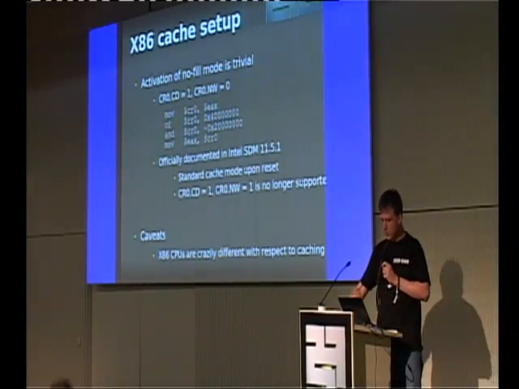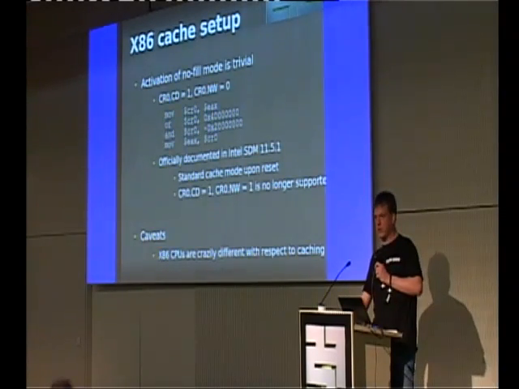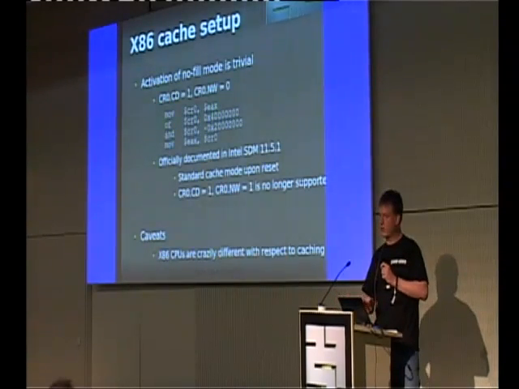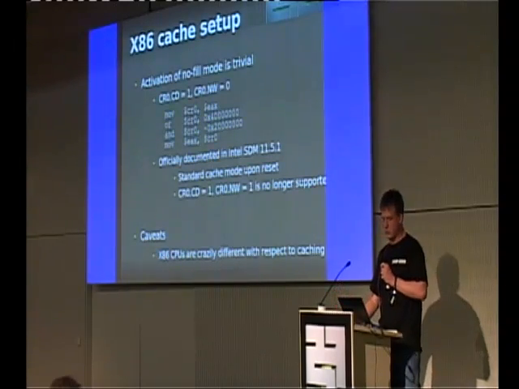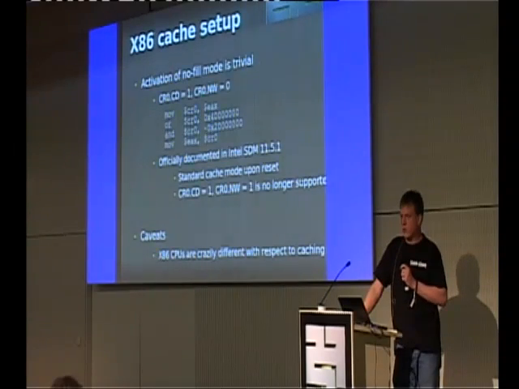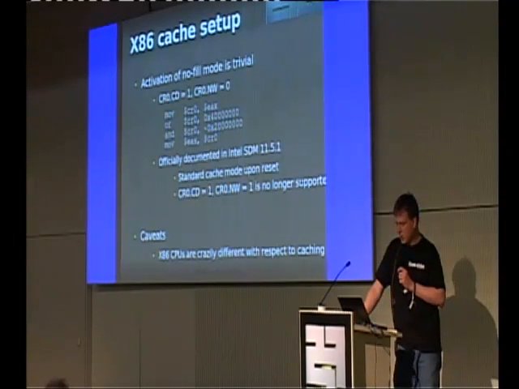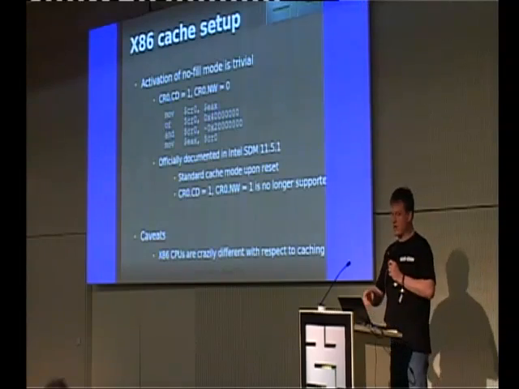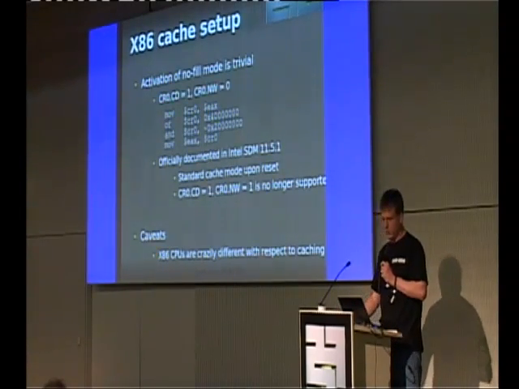From what I said in the beginning, activating the cache disable bit prevents the data from being pulled into the cache, whereas the not write-through bit prevents it from being pushed out to the memory again. Turns out this not write-through bit is not really supported anymore. So essentially it comes down to a single bit, the cache disable bit, and the various combinations you can have with 2 bits are documented in Intel's software development manual.